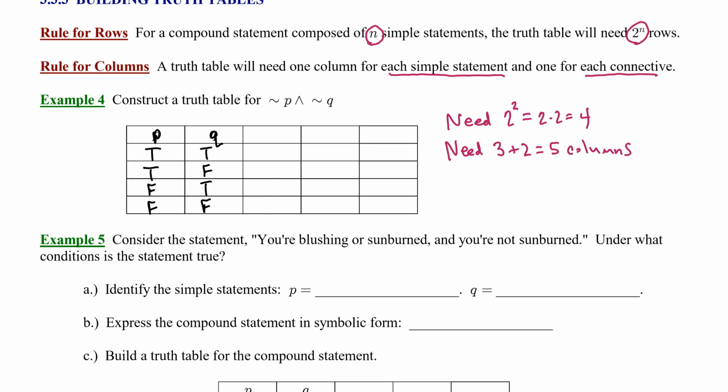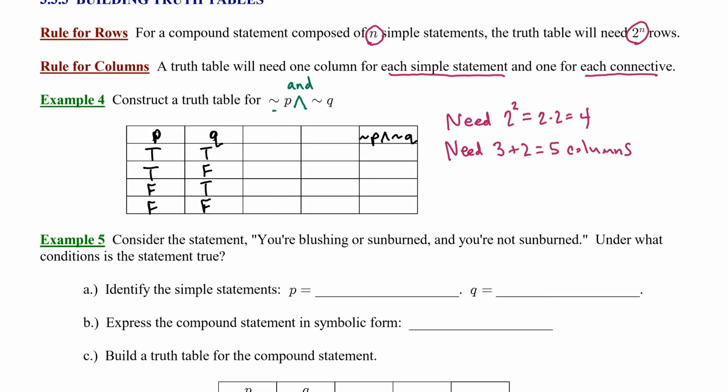Now, we want to build our way up to this compound statement. That compound statement, the entire compound statement, is going to be our last column. In order to judge the truth value of this conjunction, we need to know what's the truth value of the statement on the left and what's the truth value of the statement on the right. So again, I'm looking at the conjunction. Remember, an and statement is going to be true if both components are true, right?